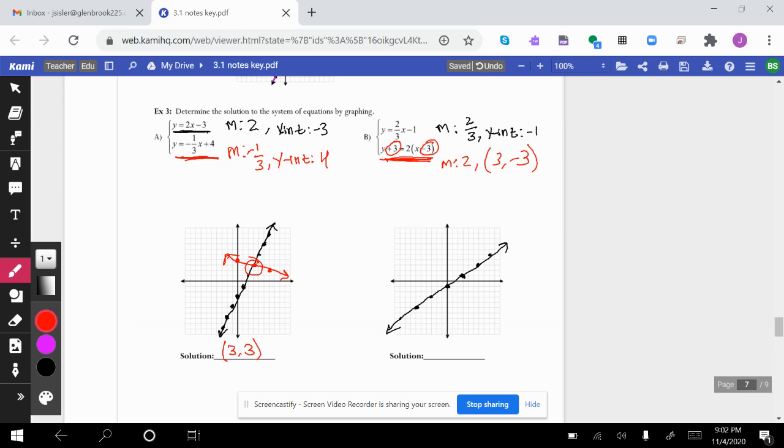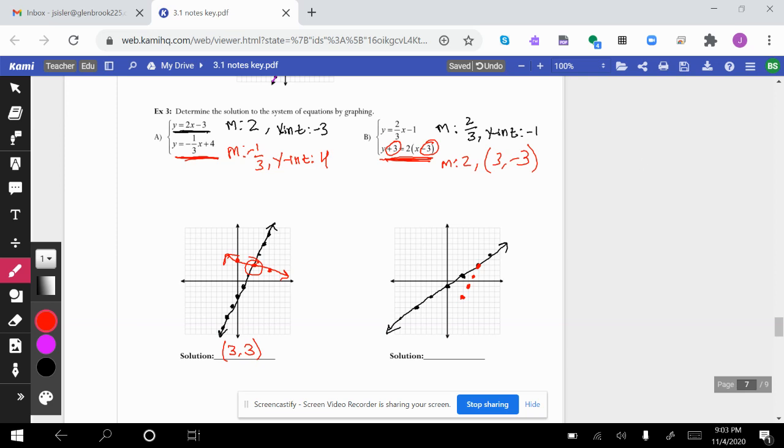So I'm just going to plot that as well, and then walk my slope, 2 over 1, 2 over 1, 2 over 1.